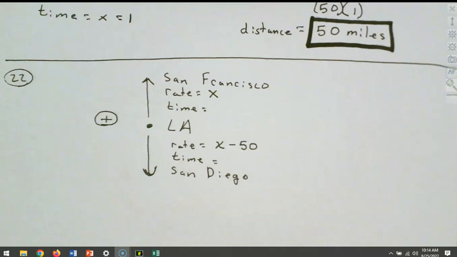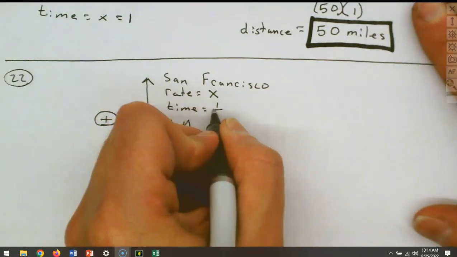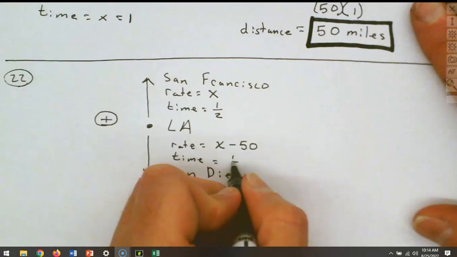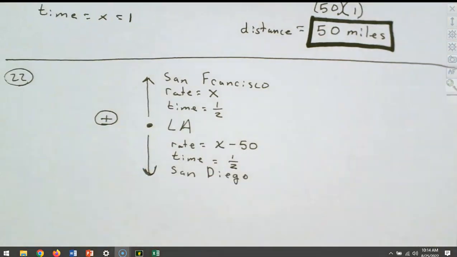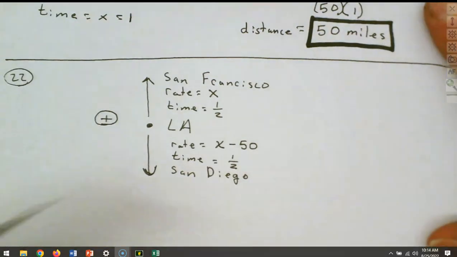In 1/2 hour. So what do we know then? Half hour, what does that mean? Okay, they leave at the same time. So how long is each one of them in the air for? It says in a half hour. So each one of these is in the air for a half hour. So the time on both of these is going to be a half. And then the part we haven't talked about yet is the distance.